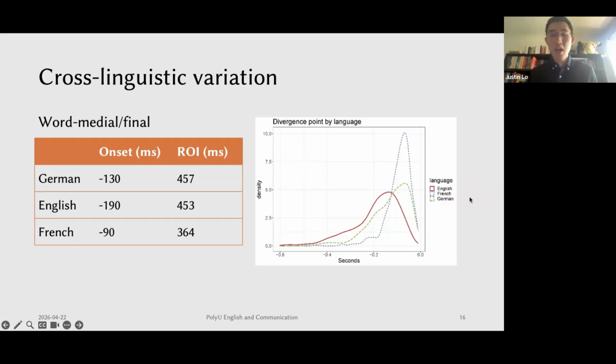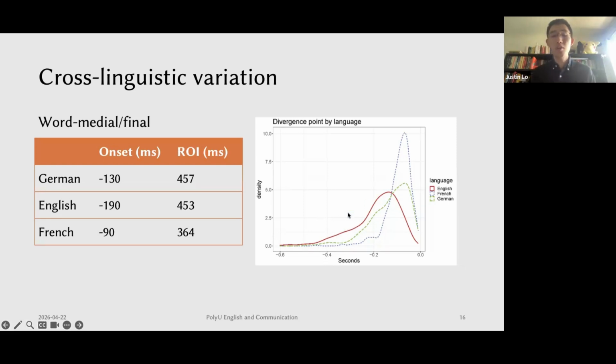What you can see is that French, the blue curve here, has the shortest nasalization. You can see the peak being very close to zero, whereas German has a little bit longer, but English really does take the crown as having the longest stretch of co-articulation. English, the red curve, also has a very long and heavy tail towards the more negative numbers.